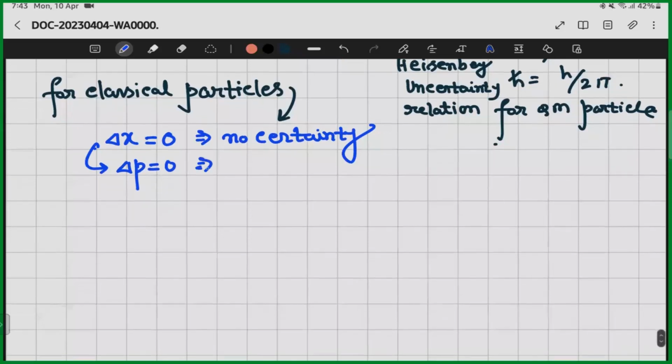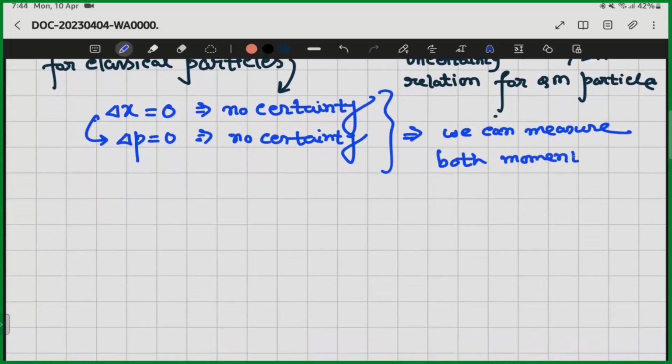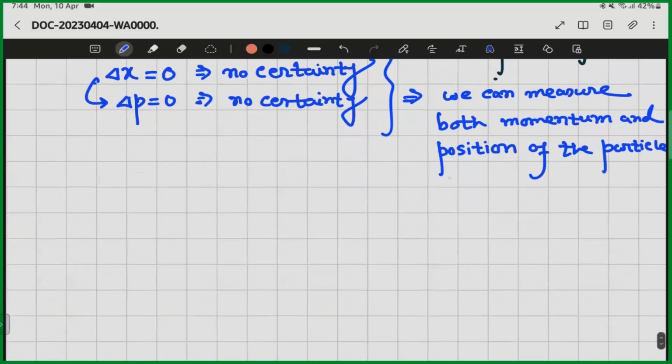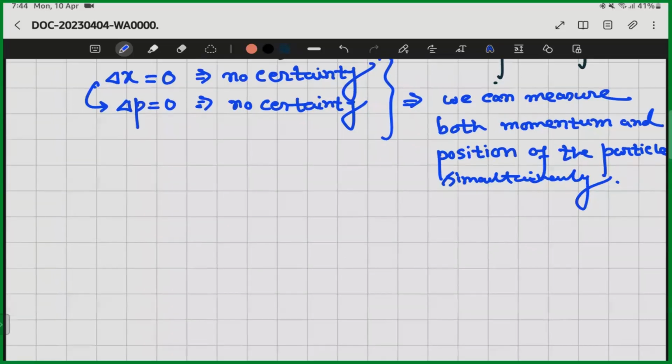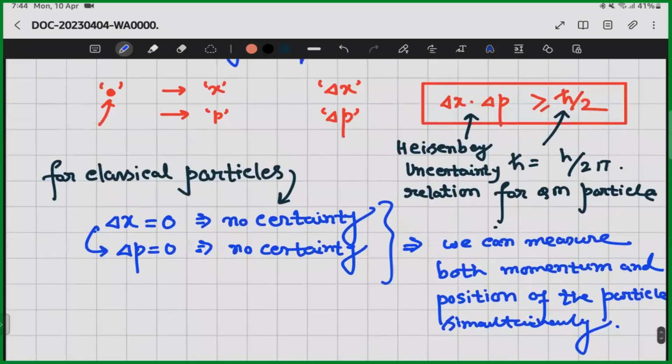That means in momentum also there is no uncertainty. What does it mean? That we can measure both momentum and the position of the particle simultaneously. Because for a classical particle there is no uncertainty relation, this equation does not hold for the classical particle. This is only for the quantum mechanical particle.